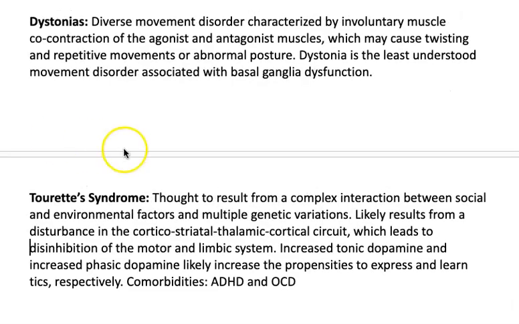And Tourette's syndrome, which is very complex, is thought to result from different interactions between social, environmental factors, and multiple genetic variations. So it's like how autism has many different genetic bases, right? And it's pretty unique.